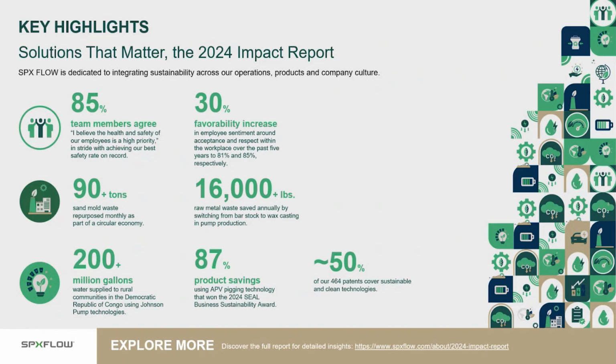We've recently shared our impact report, which you are welcome to view, and it details some of our accomplishments. In fact, around 50% of our more than 400 patents encompass sustainable and clean technologies. My team could be putting the hyperlink in the chat if you're curious about it.